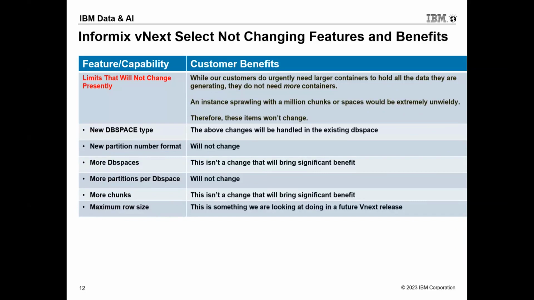We don't see a benefit to that. More partitions per DB space will not change. So we will have larger partitions, but not more of them. And more chunks isn't a change that we think will bring a significant benefit. And the maximum row size will be changing, but not right away. Probably in later VNext after we see what we have done with the changes that we're contemplating at this particular moment.